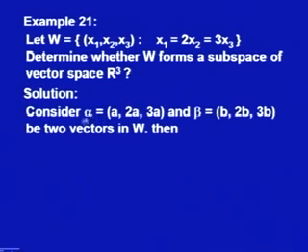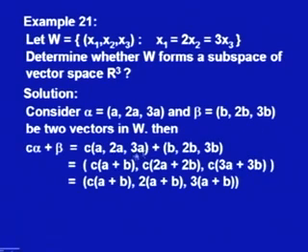We consider an alpha in W, which is (a, 2a, 3a), because this condition has to be maintained, and beta is equal to (b, 2b, 3b), be the two vectors in W. Then C alpha plus beta is C times the alpha vector plus the beta vector.